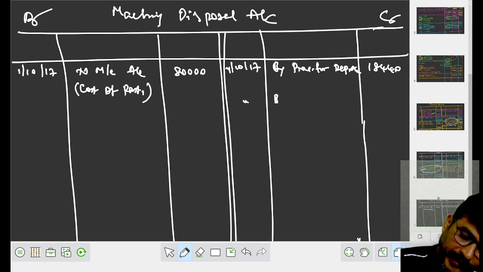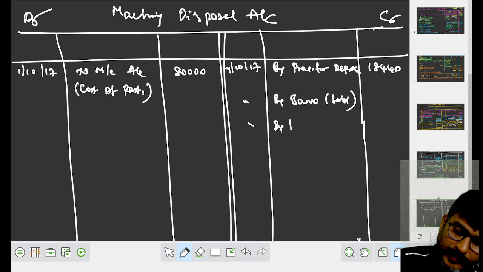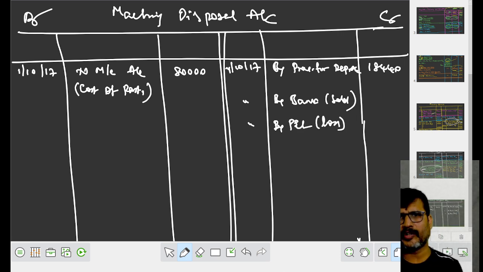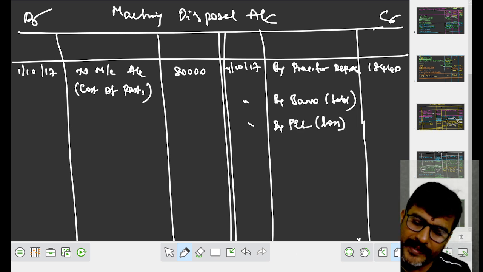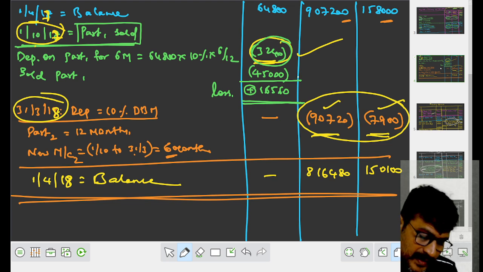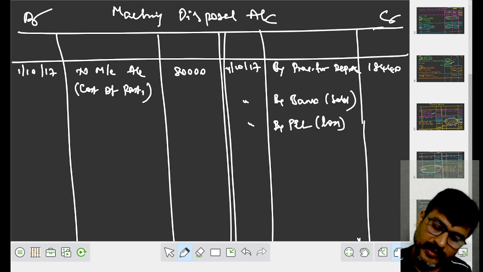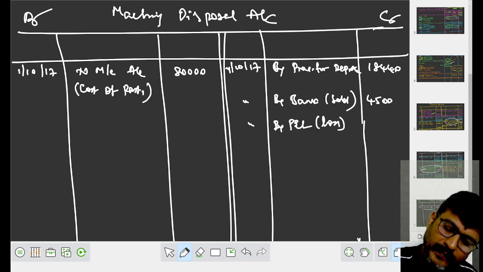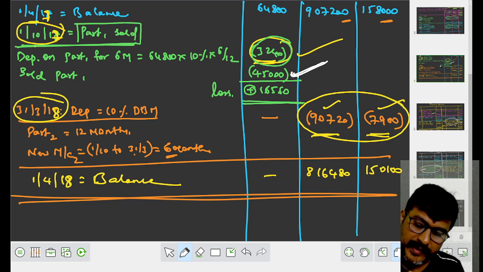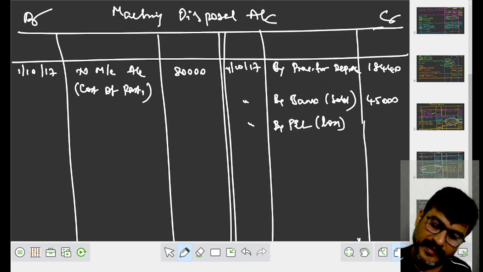Later on we have to write by bank as sold. As we come across, there is a loss, right? By P&L loss. Where are you getting all these answers? We get our answers in our working sheet. Sold for 45,000. See what happened, loss is 16,560.